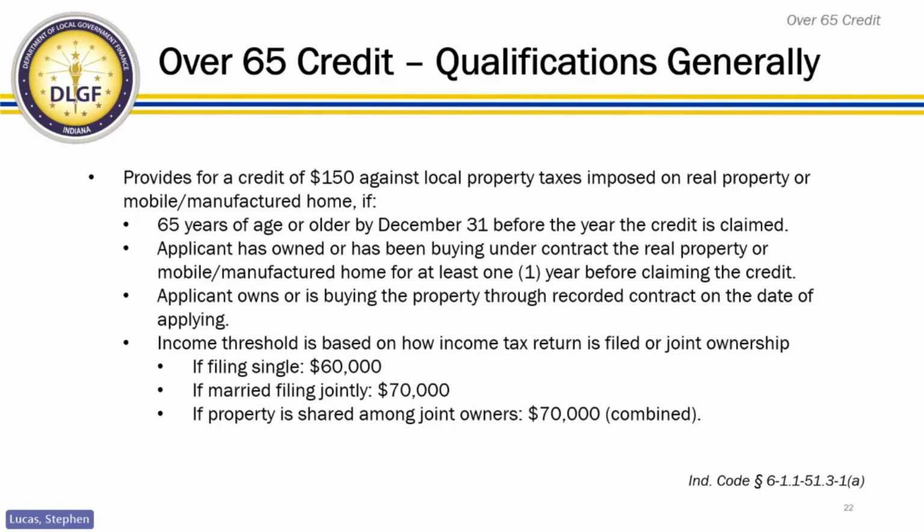If the individual files their income taxes as a married couple filing jointly, the income limitation is $70,000. And if the applicant for this credit shares ownership of the property with others, there's an income threshold of $70,000 that applies to all of the owners' income. So they can't have a combined income that exceeds $70,000.